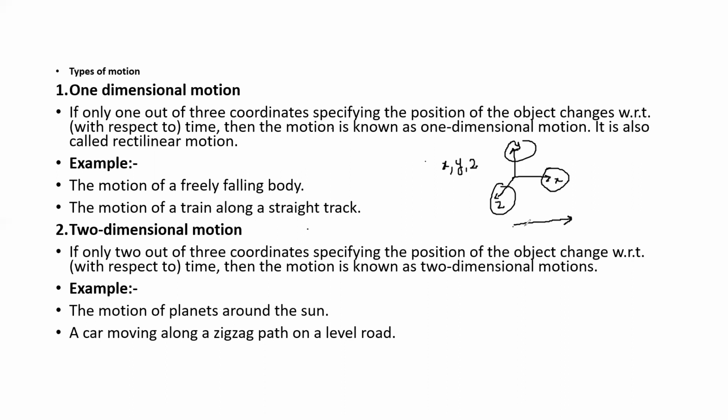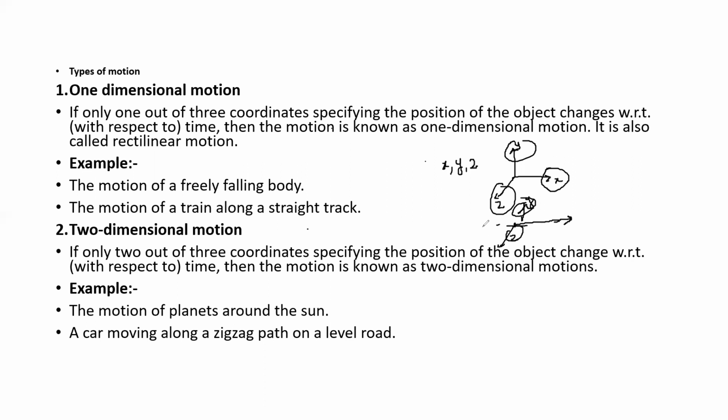If the motion is along x, we study only x; if it is like this, only the y coordinate; if it is like this, only the z coordinate. Only one coordinate we study for the motion here. So that is called one-dimensional motion.